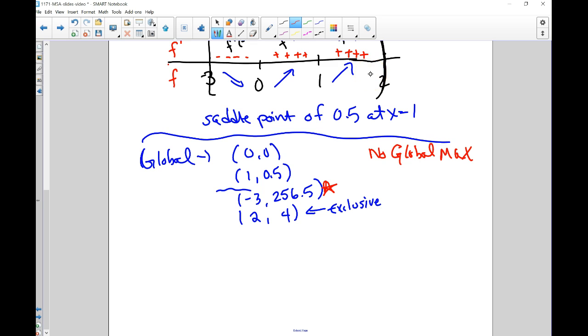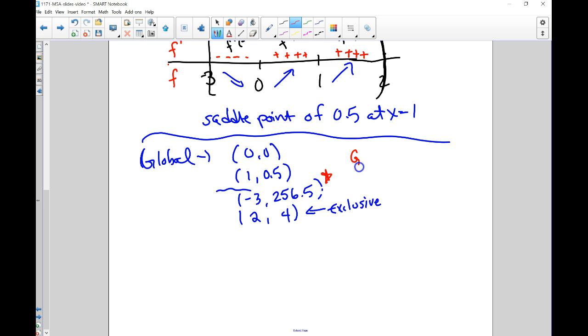Let me redo that. Even though we do not have the second endpoint at 2, its value would be 4. However, it is still smaller than this. So actually, yes, this is a global max.